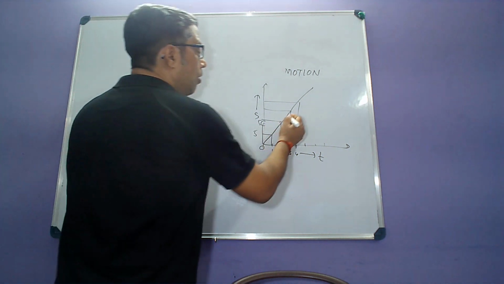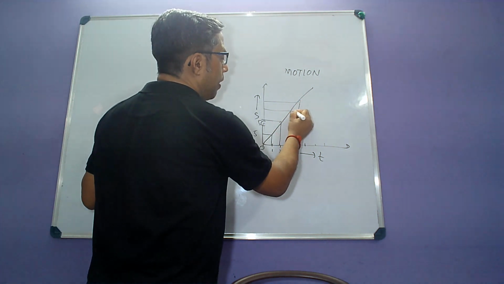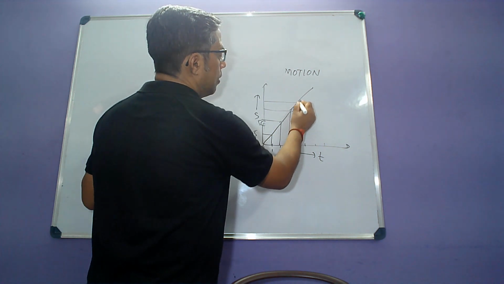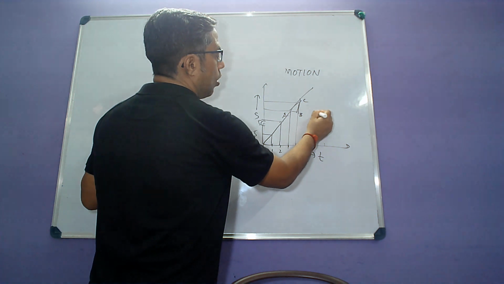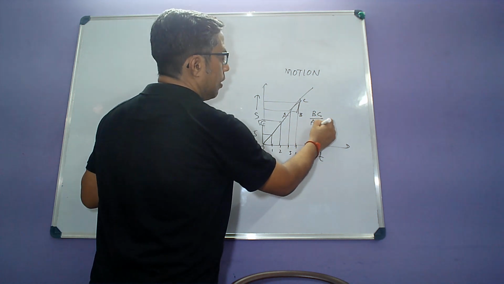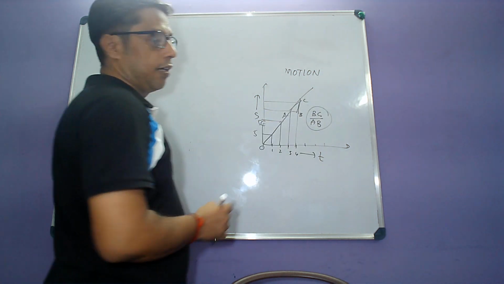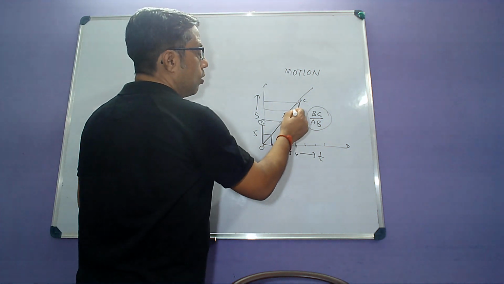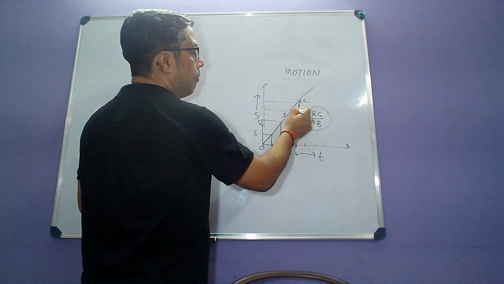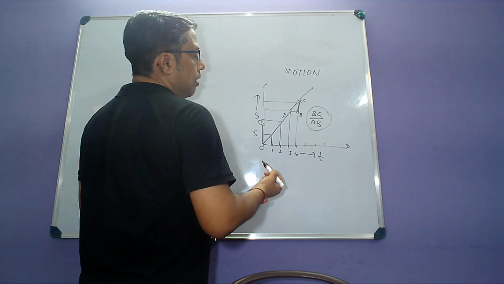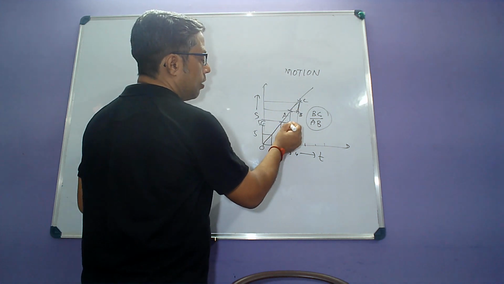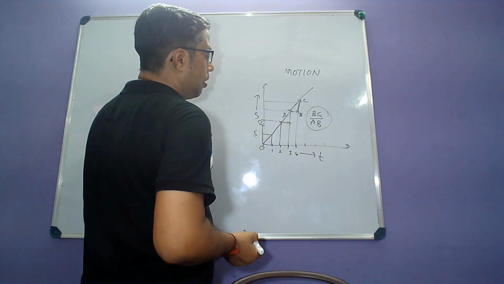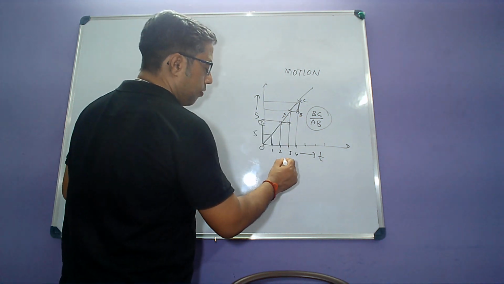If I take this triangle, let's say this is A, B, C, then BC by AB, this ratio will be constant, and this is called slope. So ratio means interval of distance and interval of time. Similarly here, if you take a triangle, this distance interval by time interval will be constant. So that's called slope.